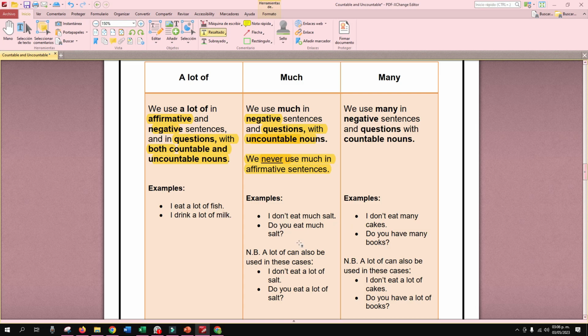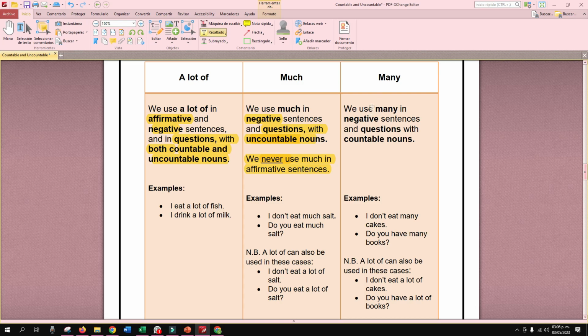Do you eat much salt? So a lot of can also be used in these cases. I don't eat a lot of salt. Or do you eat a lot of salt? But much, negativas, interrogativas, pero con nombres incontables. Nunca vamos a utilizar much con una oración afirmativa.